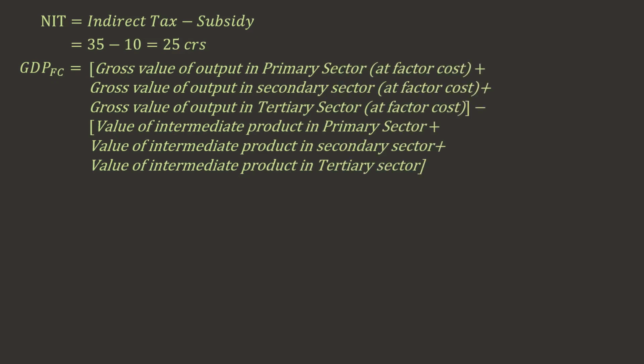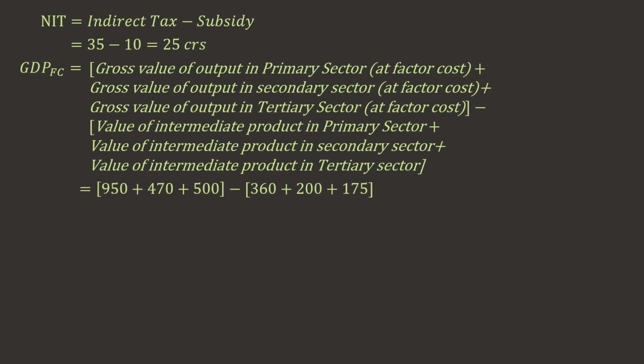GDP at factor cost equals gross value of output in primary sector at factor cost plus gross value of output in the secondary sector at factor cost plus gross value of output in tertiary sector at factor cost, minus value of intermediate product in primary sector plus value of intermediate product in secondary sector plus value of intermediate product in tertiary sector.